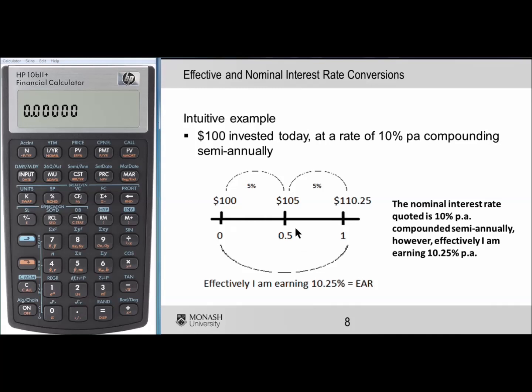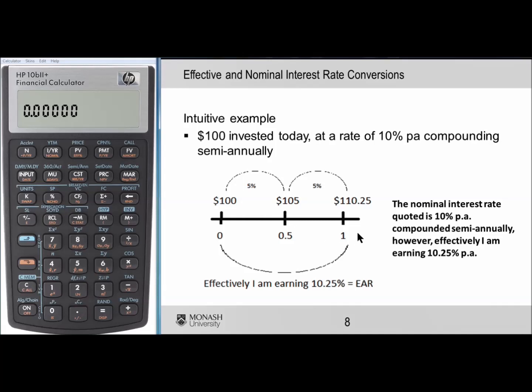By 6 months' time, $100 principal will grow to $105, and the interest earned over these 6 months is $5. And this is added to the principal, becoming a total of $105.